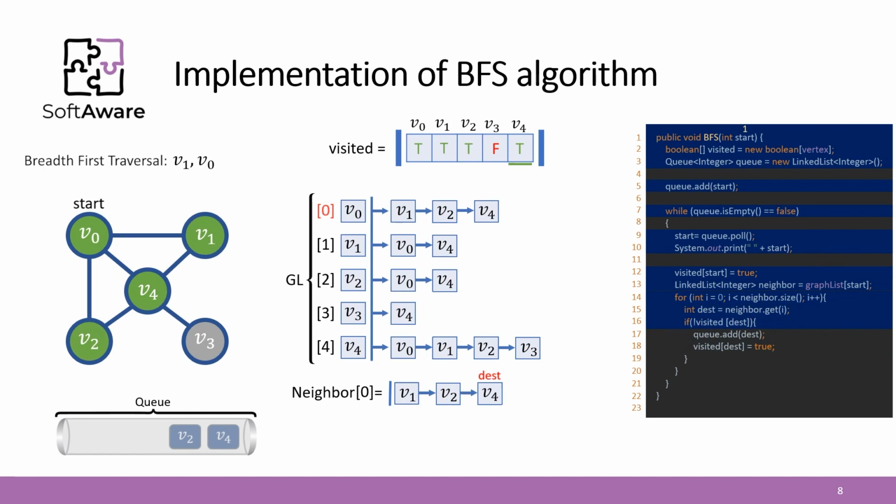After iterating through the for loop, we get back to the while loop. We still have some nodes in the queue, such as vertex 4 and vertex 2. The next polled vertex will be vertex 4. We follow the same process here: print out the polled vertex, change its state and visit the connected neighbors.